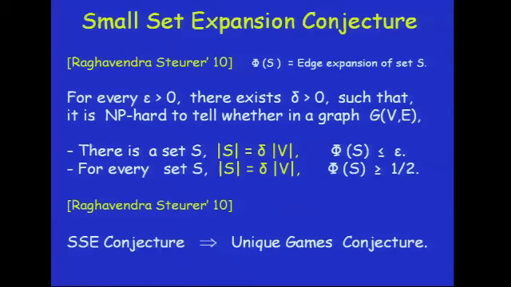Now the first open problem is going to be about the existence of a certain kind of graphs, and the existence of these graphs is implied by this conjecture. I will describe what these graphs are, but let's see why this conjecture implies their existence. Roughly the idea is as follows.